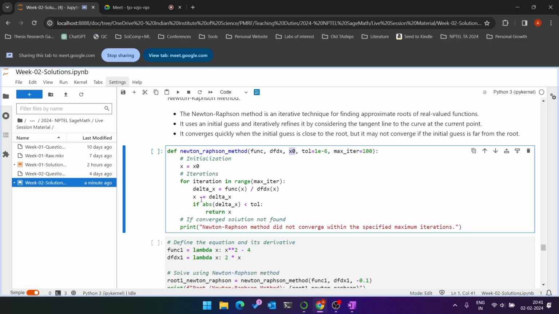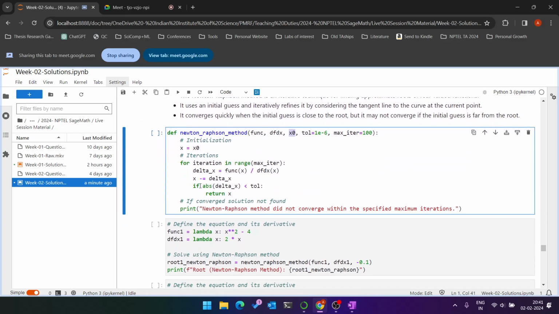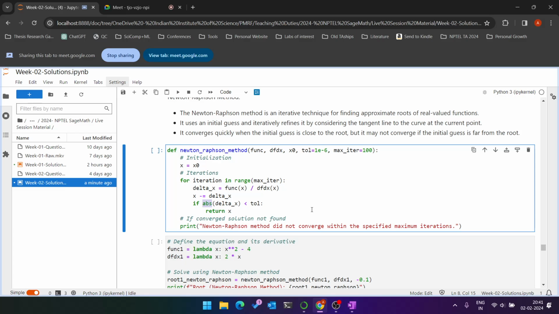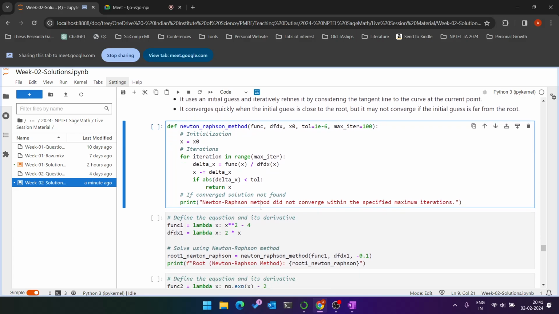For each iteration, I'm computing x minus f of x upon f dash of x as my new guess, and then checking if the absolute value is within tolerance. If not, I'm printing that it did not converge.